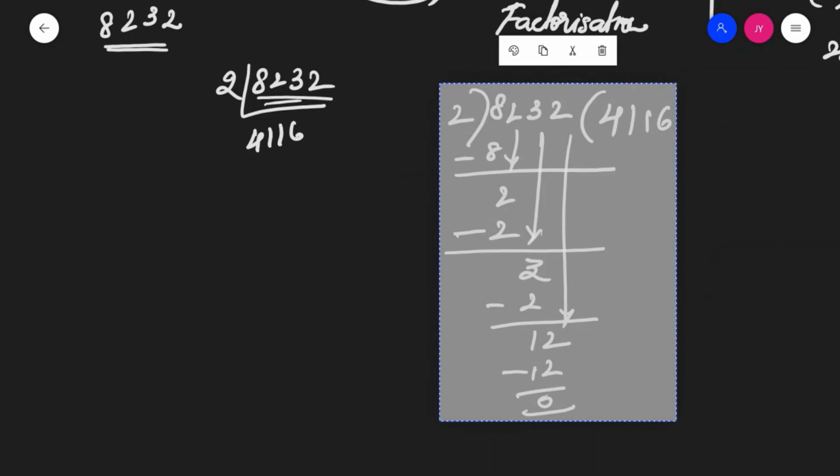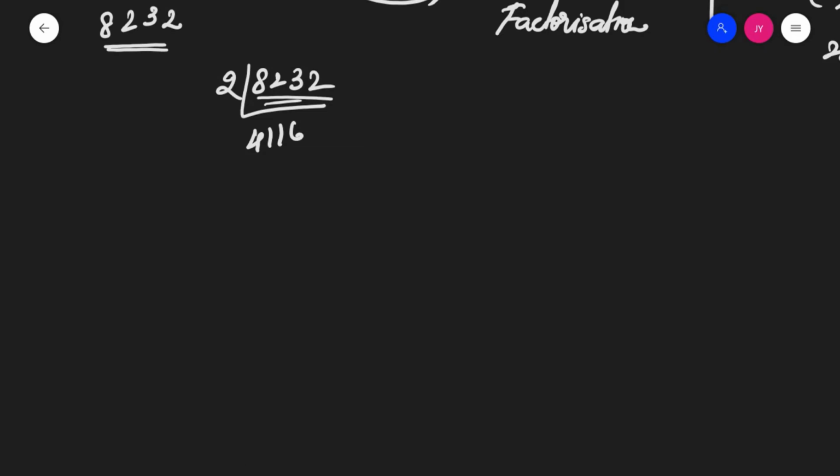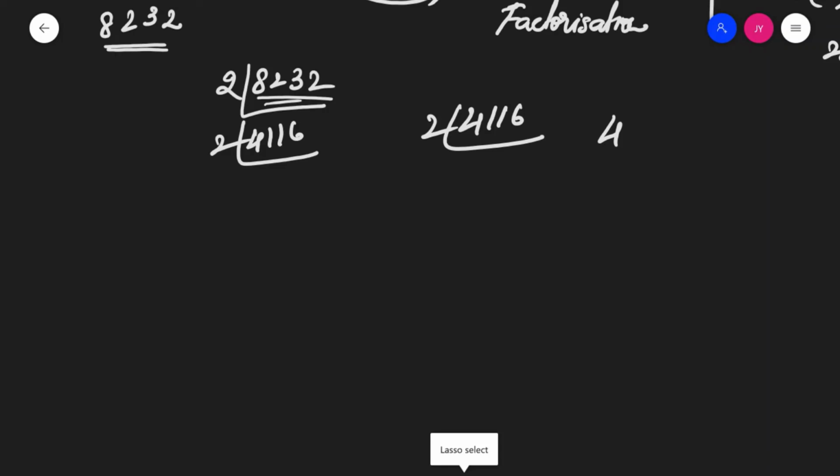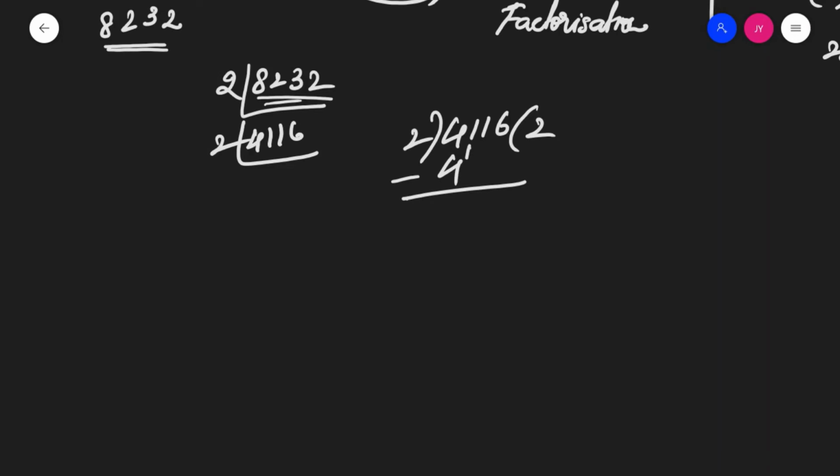Again, next one. Which is the least prime number that can divide 4116? 2 again. 4116 divided by 2: 2s are 4, 1 here, we add 0, we get another 1, 5s are 10, minus 10, 1, 6, 2 sixes are 18.